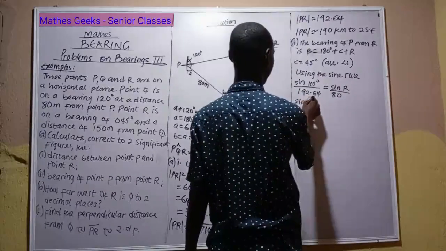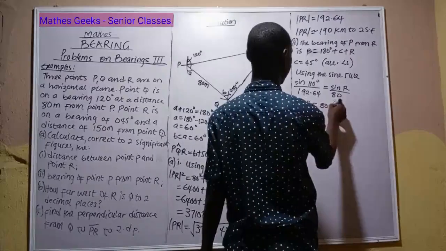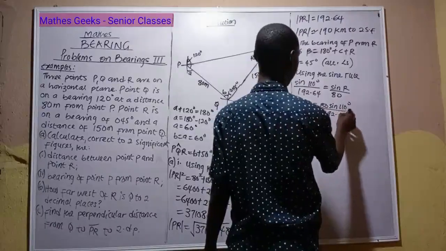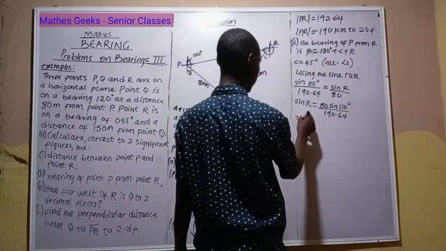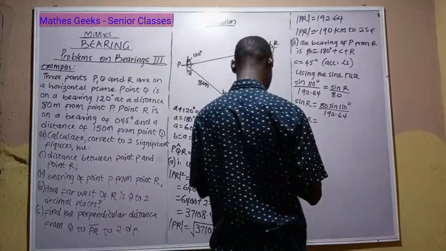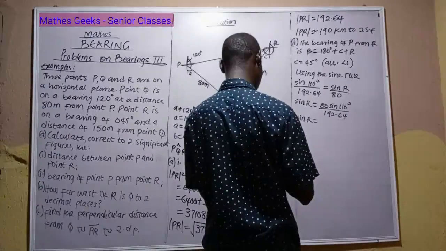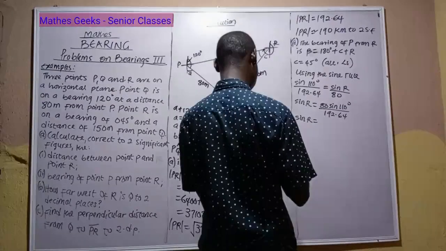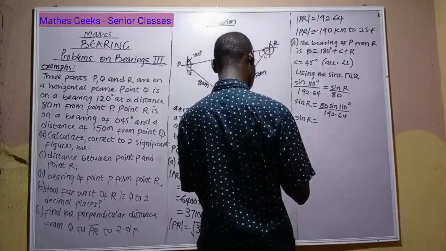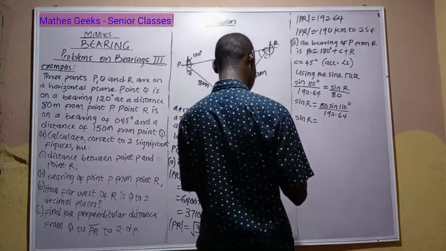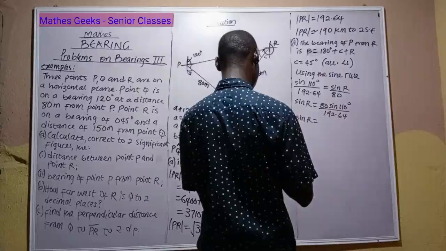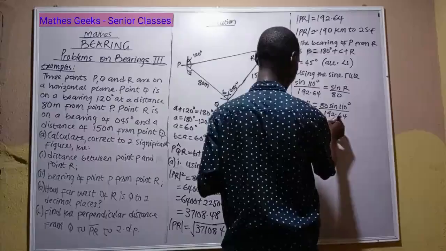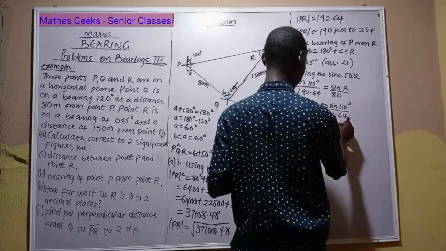So sine R is equal to 80 sine 110 degrees divided by 192.64, which is 0.3907.